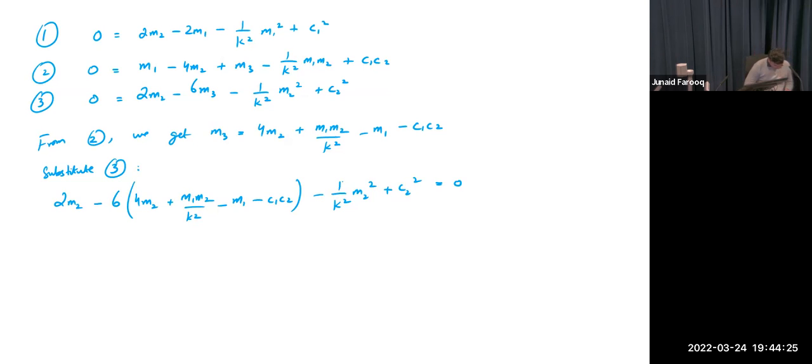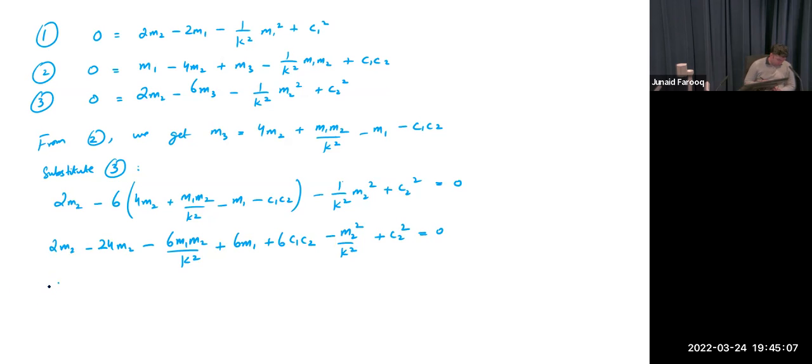All right. Okay, so let's simplify this. Minus 6m1 m2 over k squared plus 6m1 plus 6 c1 c2 minus m2 squared over k squared plus c2 squared is 0.